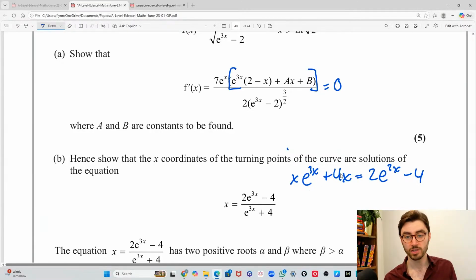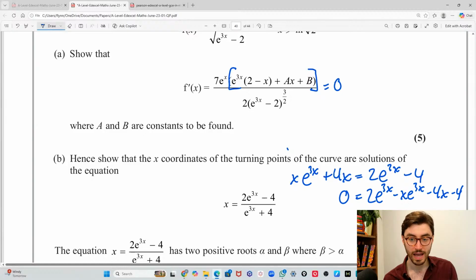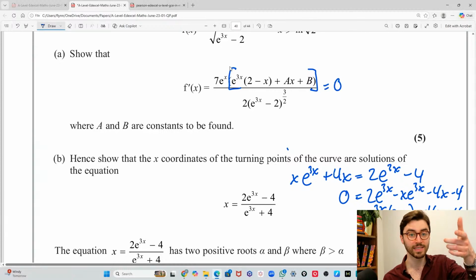I'm seeing a minus x, so I need to move this all over to the right-hand side. So this equals 2e to the 3x minus xe to the 3x minus 4x minus 4. And then e to the 3x into 2 minus x minus 4x minus 4. Oh, look, ding, ding, ding. That's this exact form. A must be equal to minus 4, B must be equal to minus 4.